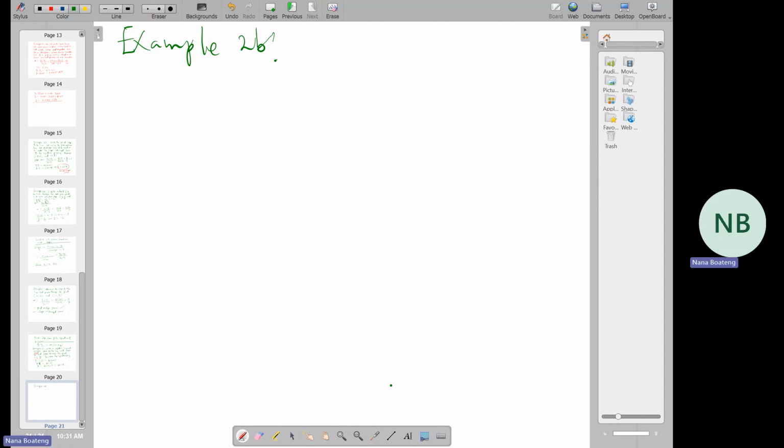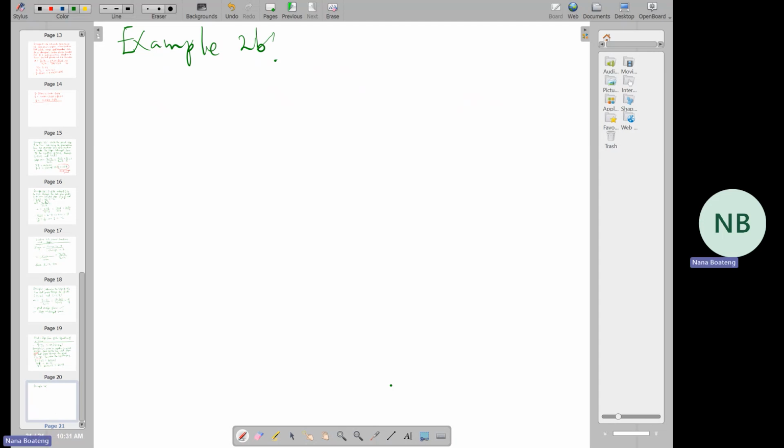The slope-intercept form of the equation of a line.